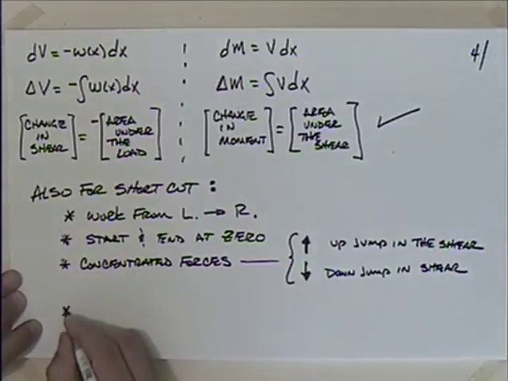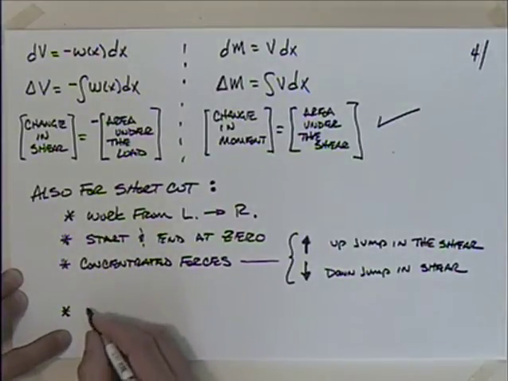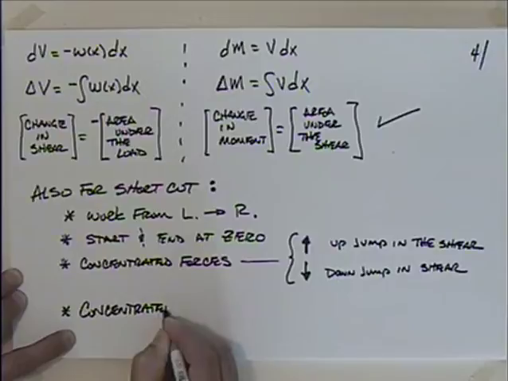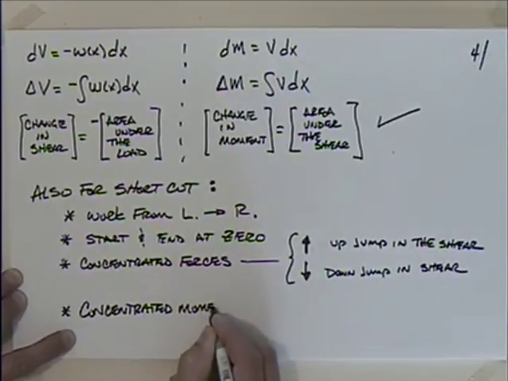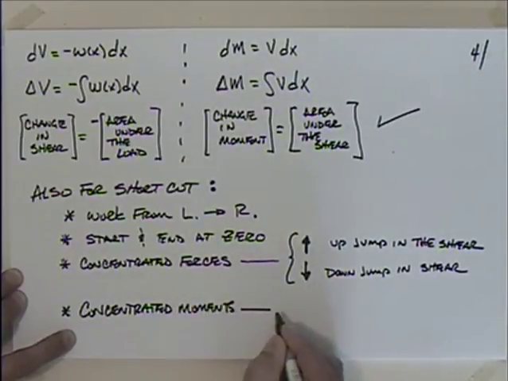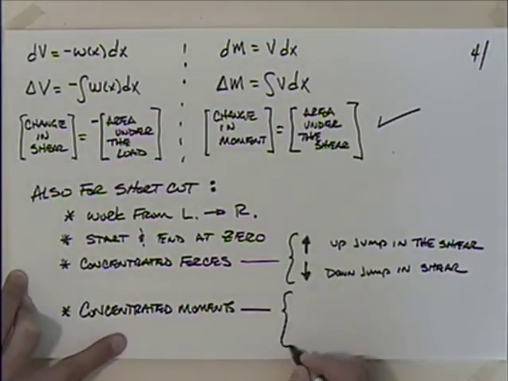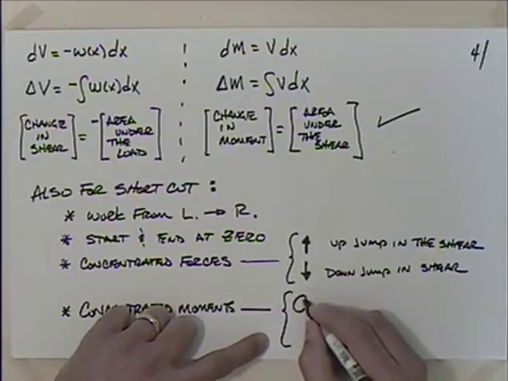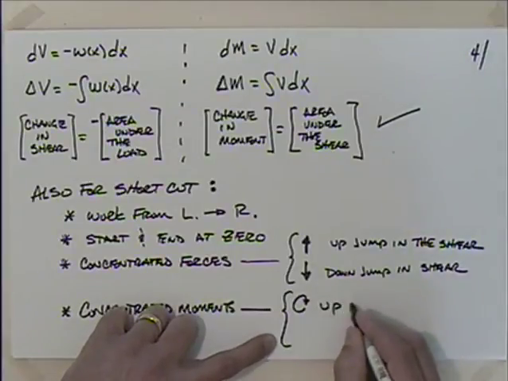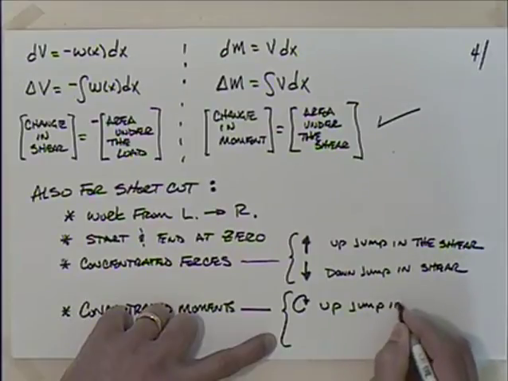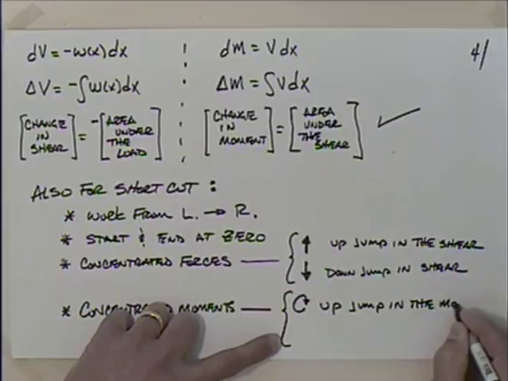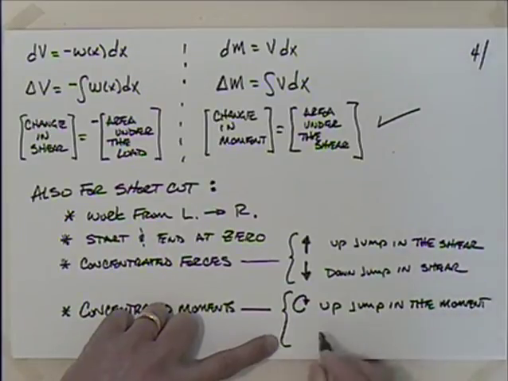And finally, we don't have these a lot, but when we do, you've got to be real careful with them. Concentrated moments. So a concentrated moment, how do we handle those? If the moment is clockwise, we have an upward jump in the moment diagram.